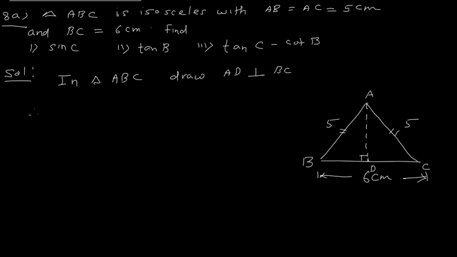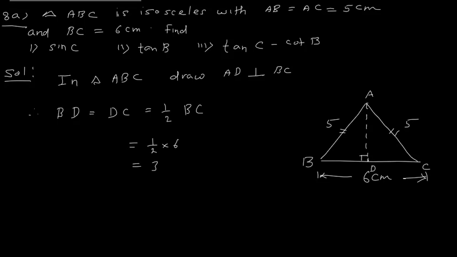Therefore this BD is equals to DC is equals to half of BC, which is 1 upon 2 into 6, that gives you value as 3.